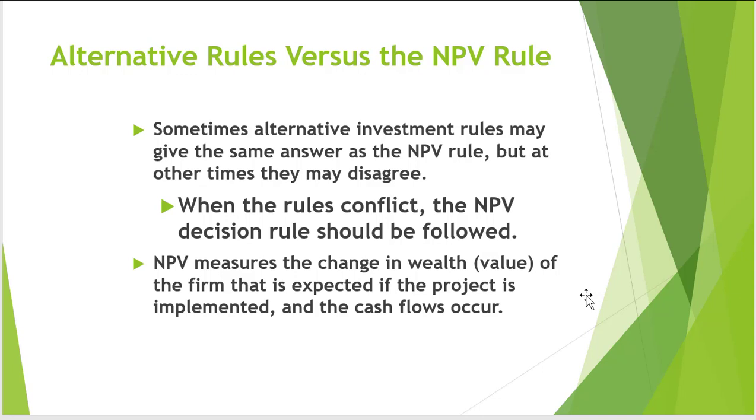Not everybody really understands it. Net present value measures the change in wealth of the firm that's expected if you implement this project and the cash flows occur. So it's a very important concept when you think about investment and overall what the goal of the company is, right? The goal of the company is to grow and to increase its value for its owners.